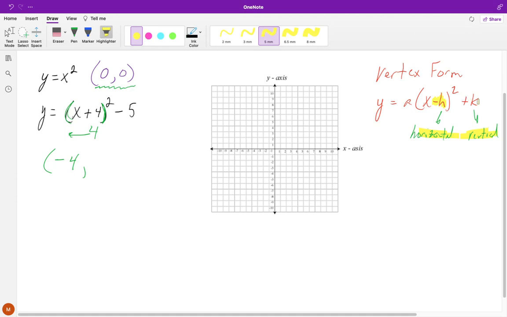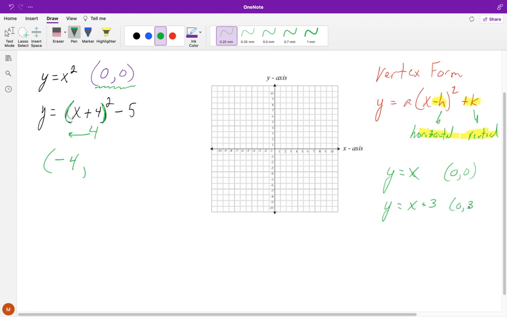Now the number outside is affecting our y value, because if you think about it, we learned y is equal to x as a linear graph. When nothing's being added or subtracted, we know that we're passing through the origin and it's proportional. As we start saying x plus 3, we know that our y-intercept now is 0, 3. So you see our y-intercept moved 3 units up because we're adding 3 all the way at the end.